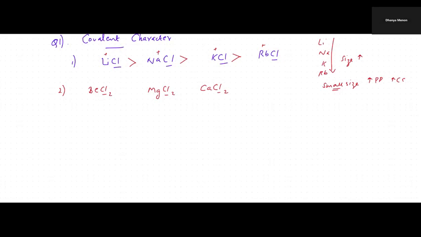All of them have the same charge: beryllium, magnesium, calcium have 2 plus positive charge, right? And they are in group 2. As you're coming down, size increases, right? So who has the smallest size? Beryllium. If the size is small, more is the polarizing power.